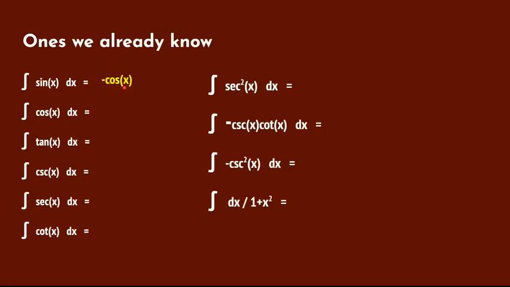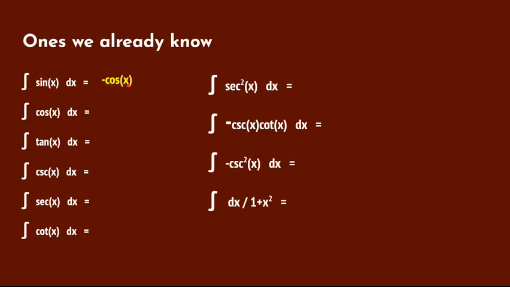Because if you remember, any trig function that starts with the letter C, if you take the derivative of it, it's negative. Like cosine, cotangent, cosecant. They always end up with negative derivatives. So the reverse is true. So for sine, when you do the integral, it's negative cosine.